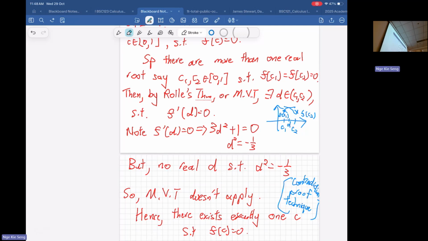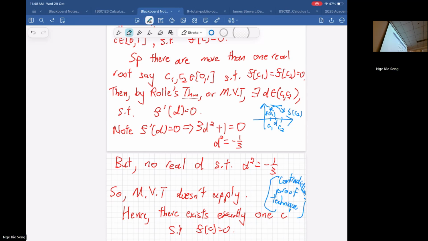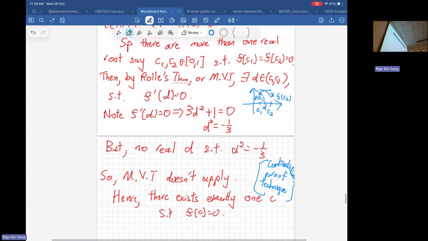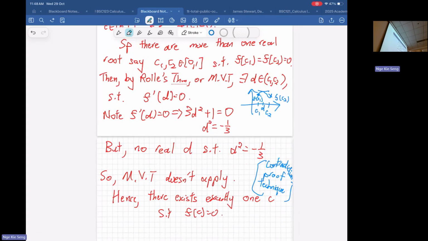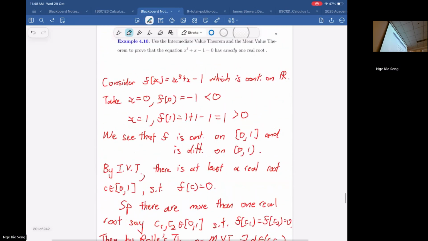Does it make sense? Yeah, it's not like whenever you apply this method it will work. This method wouldn't work if you change different cases. Okay. Yeah, this is about proving. It's like it works only for x to the power of 3.